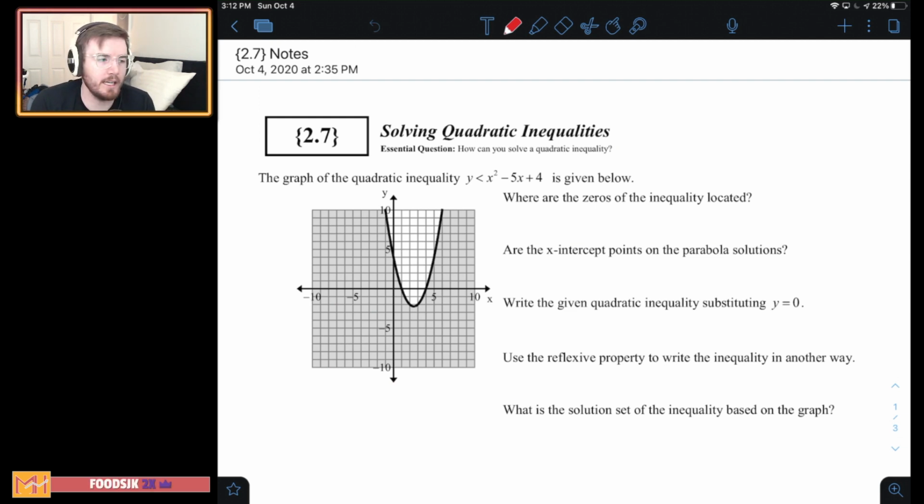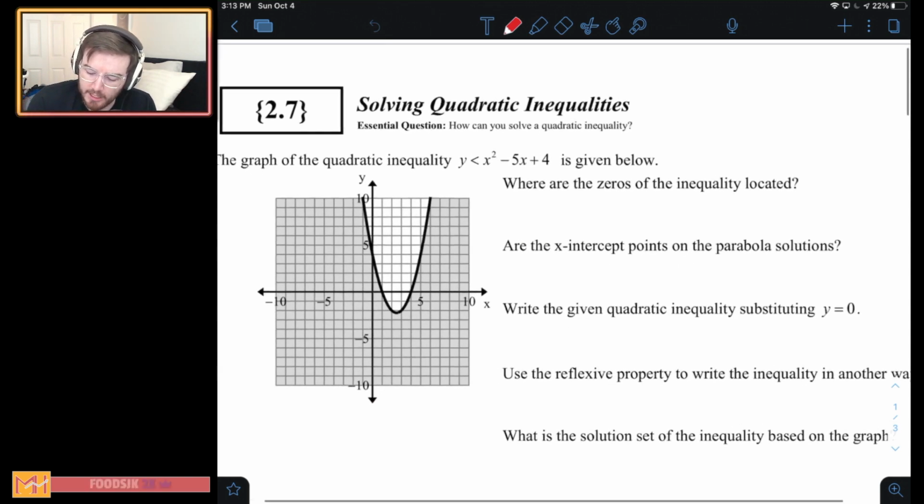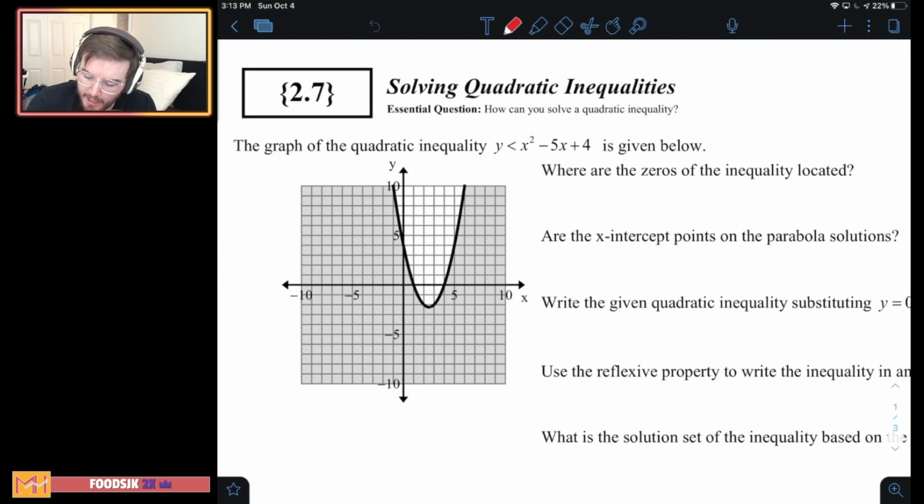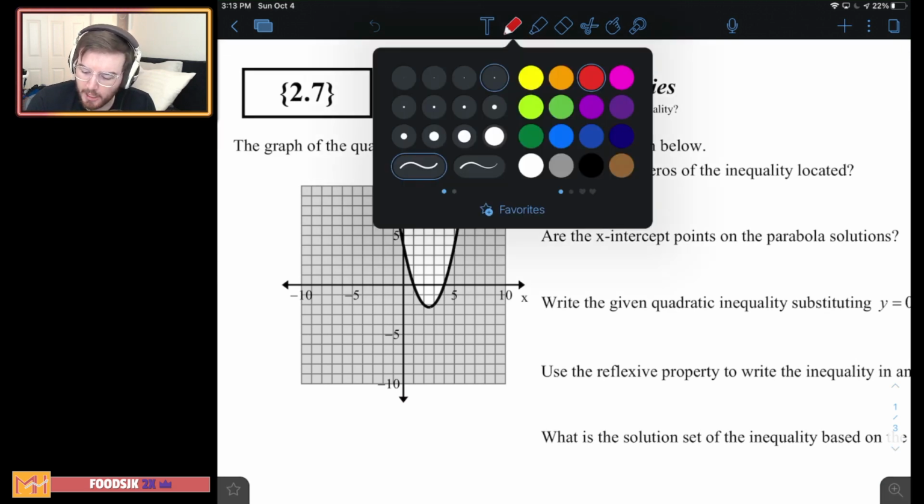And don't worry, though. Desmos can handle quadratic inequalities as well. So that will make life a little easier here, so we don't have to do any crazy drawing. Let's take a look at this, though. So this quadratic equation has already been plotted.